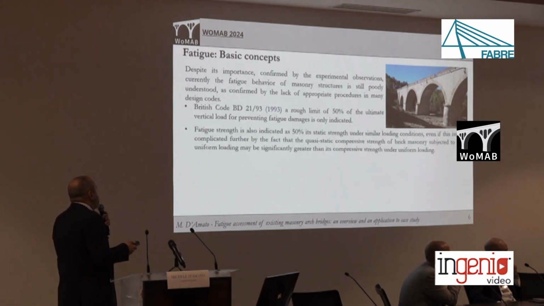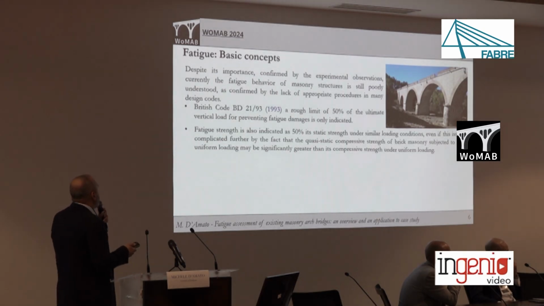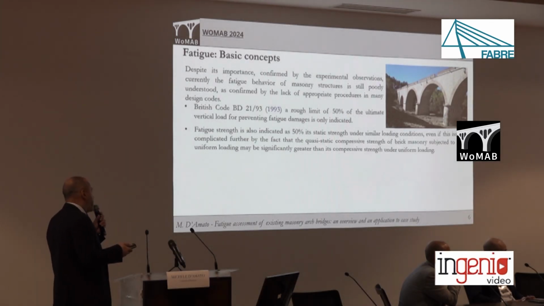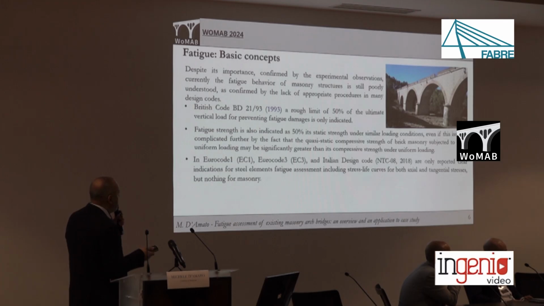Elsewhere, the indication is a limitation of 50% of the static strength. Not necessarily does a 50% reduction of ultimate vertical load correspond to the same percentage of the maximum static stress level applied.